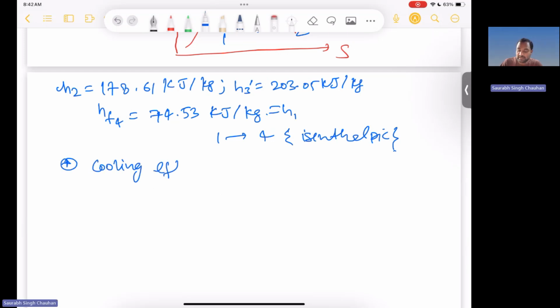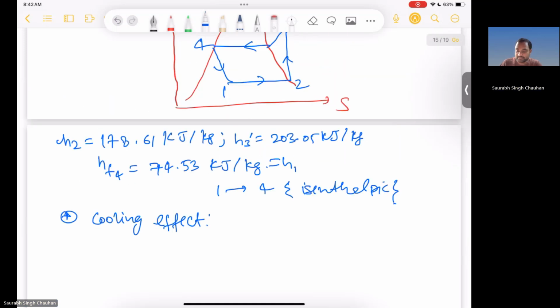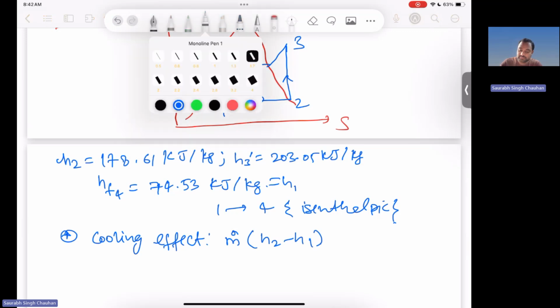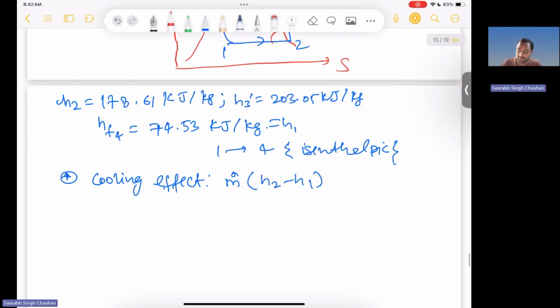And we know that the cooling effect is given by the evaporator, so that is equal to m dot into H2 minus H1. If we substitute the values, the cooling effect was given in the question, it needs to produce 20 kilojoule per second.